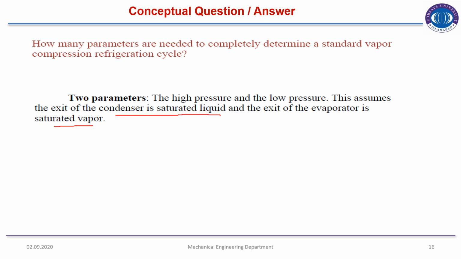In the condenser heat is ejected to the ambient, whereas in the evaporator heat is absorbed. So when heat is rejected to the ambient, the refrigerant is converted into saturated liquid, whereas when heat is absorbed in the evaporator, the refrigerant gains heat and changes phase to saturated vapor.